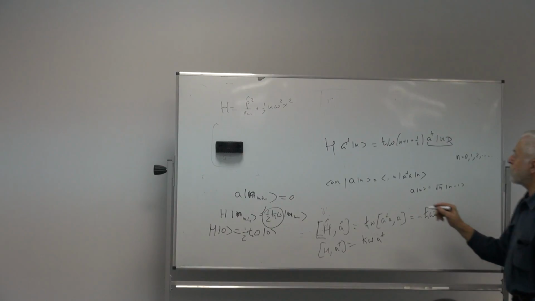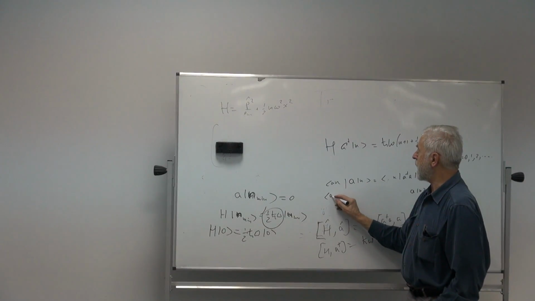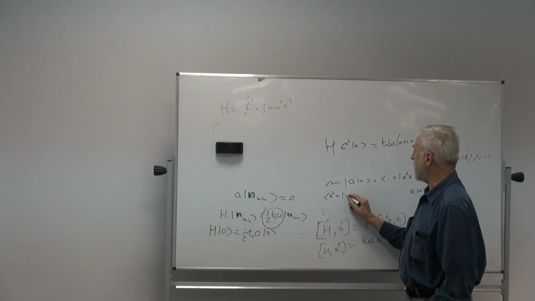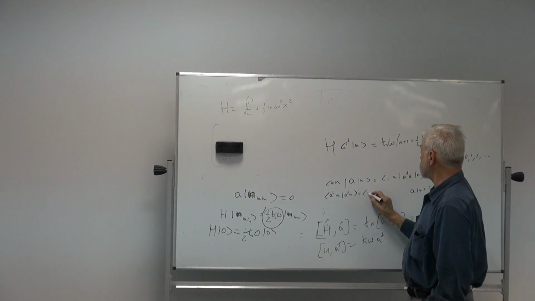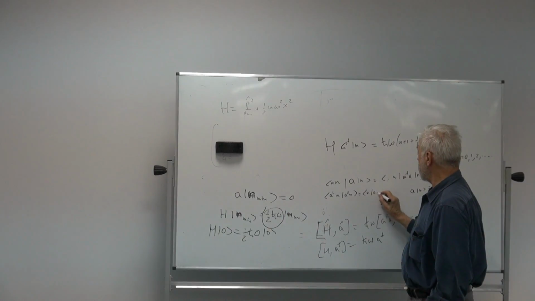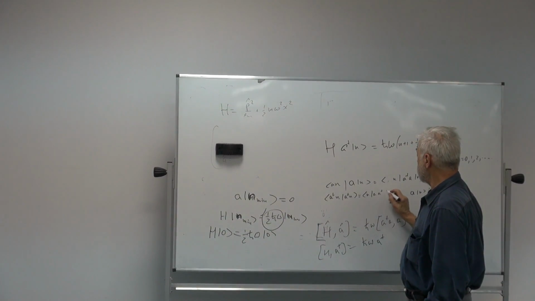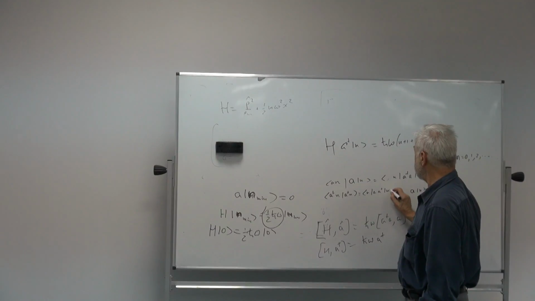If we do the other way around, if we take A dagger acting on n, then this is the same as n, now A A dagger plus n.